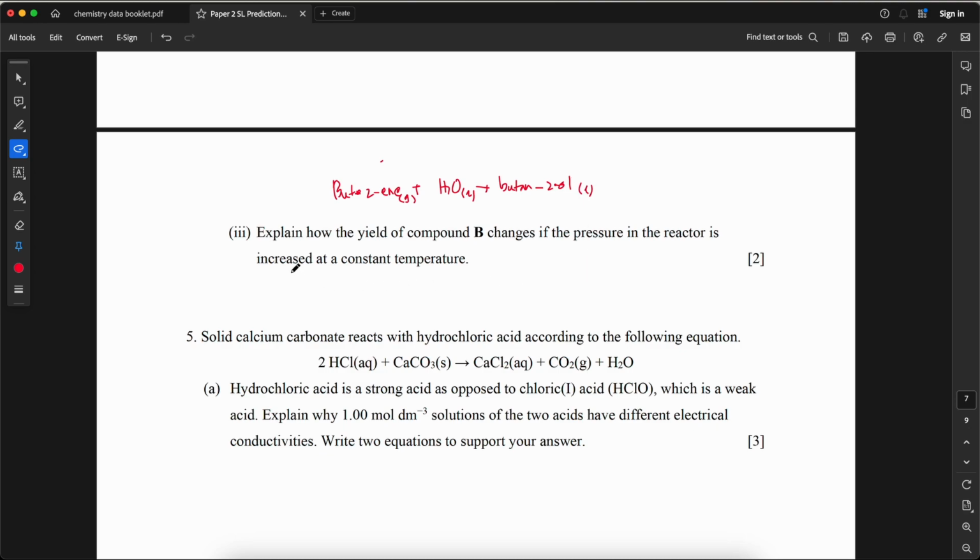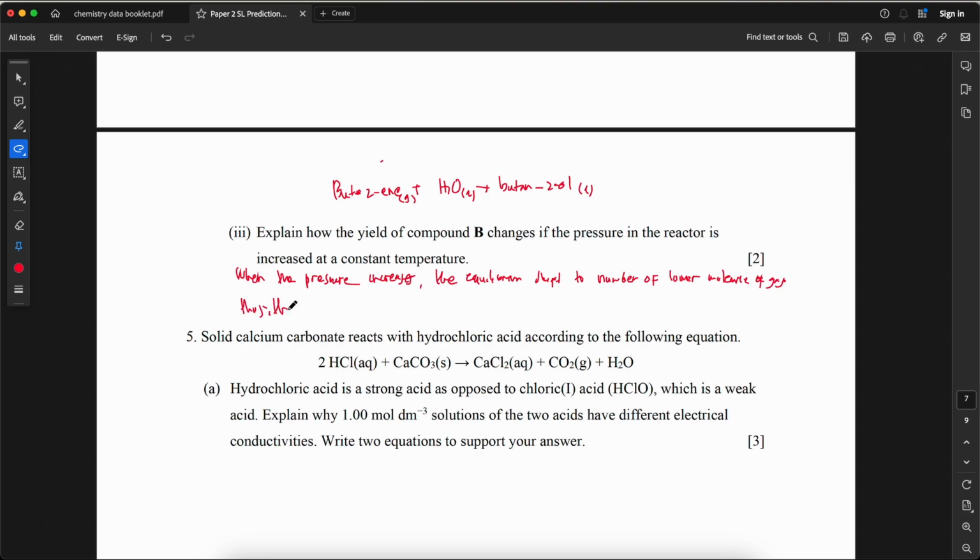So when the pressure increases, the equilibrium shifts to the side with the lower number of gas molecules.